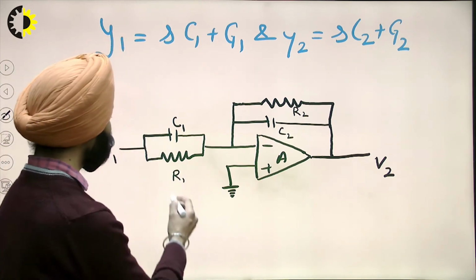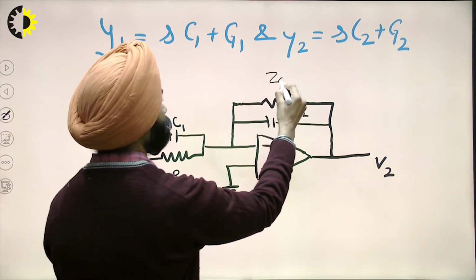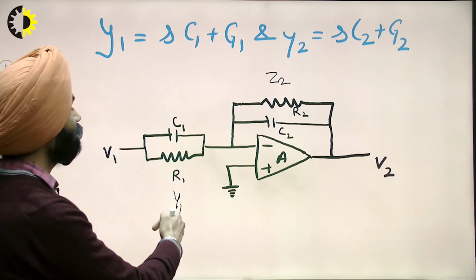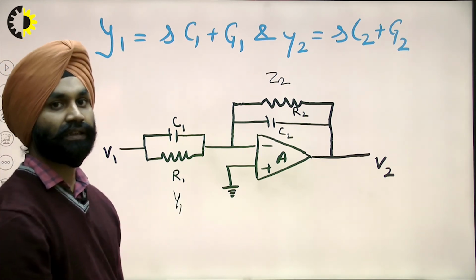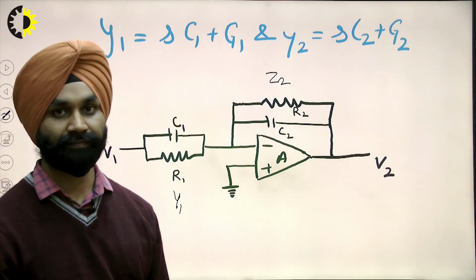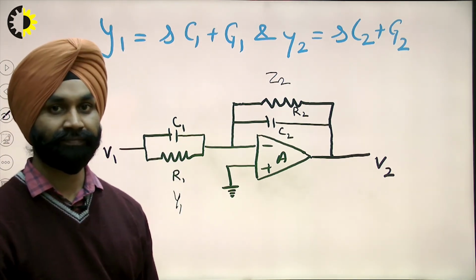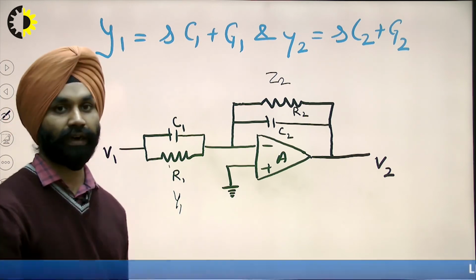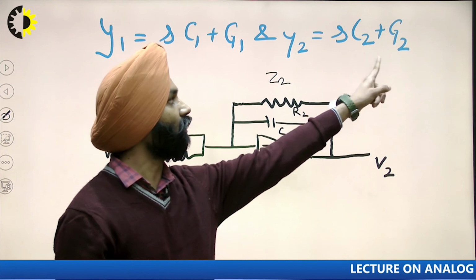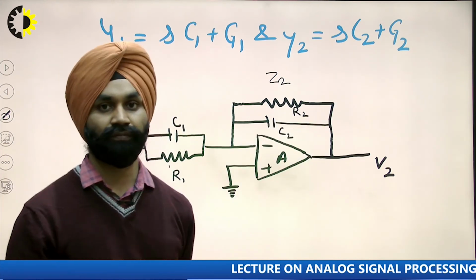Now remember, this one was Y1 or Z1 and this one was Z2. So Z1 or Y1 is the parallel form of C1 and G1, that is C1 and R1. So it is the parallel combination of C1 and R1, and Y2 is the parallel combination of C2 and G2, so it is R2 and C2.